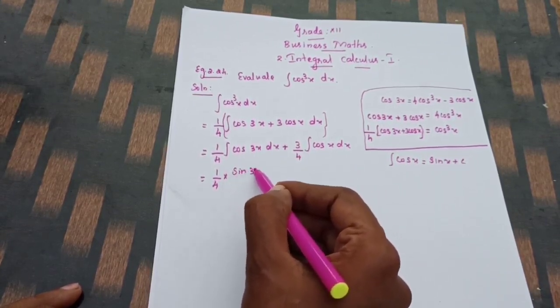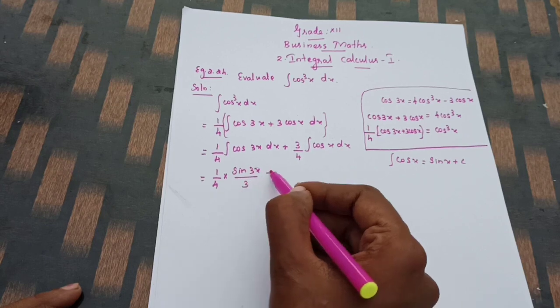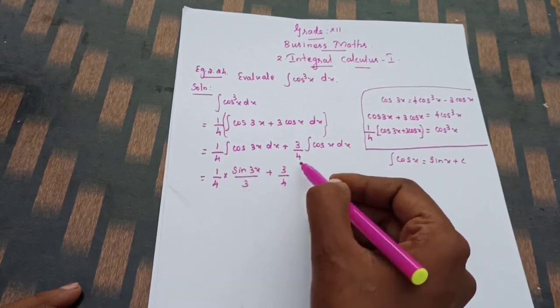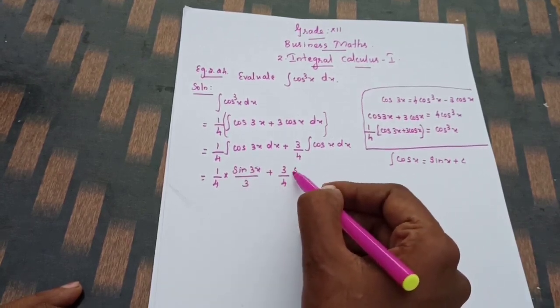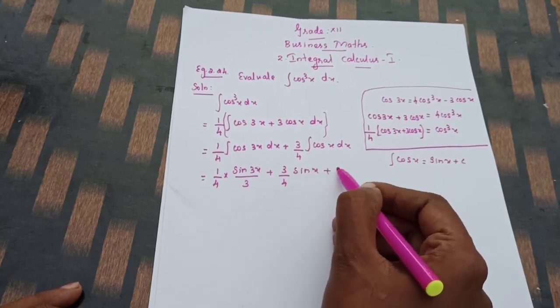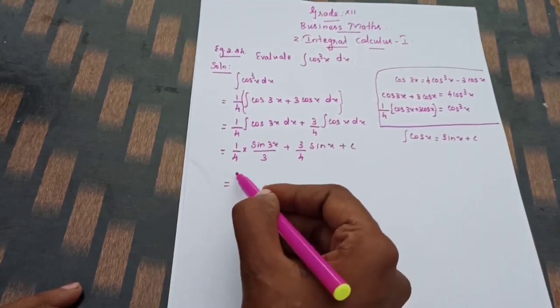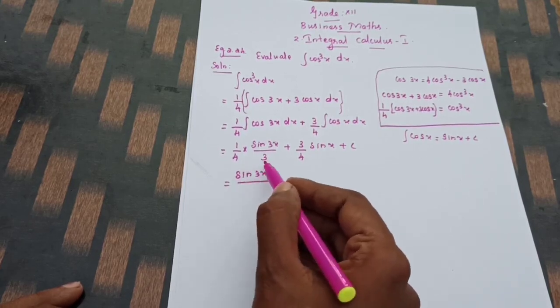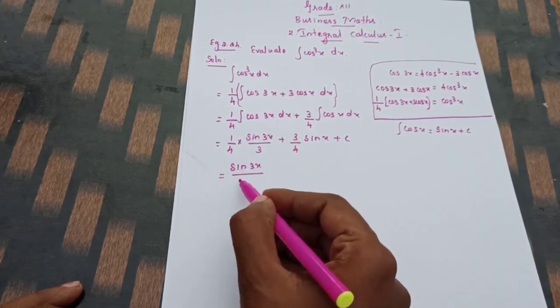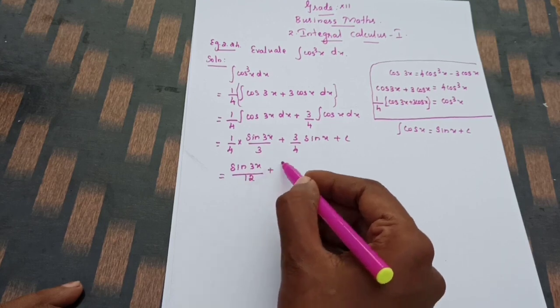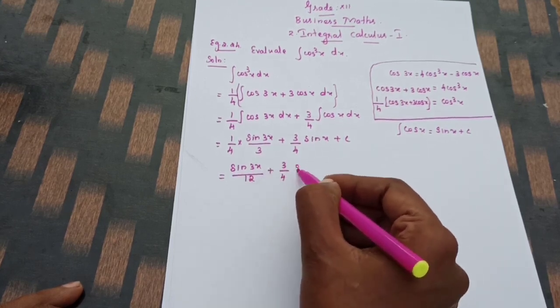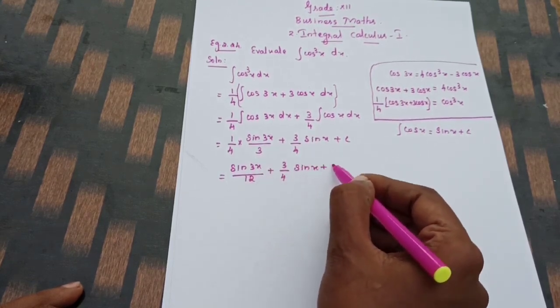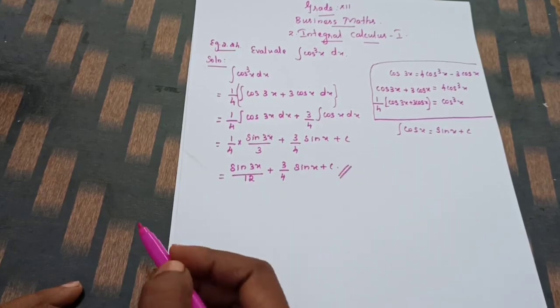So sin 3x by 3 plus 3 by 4 into sin x plus c. That's equal to sin 3x divided by 4 into 3, which is 12, plus 3 by 4 sin x plus c. That's all. Have you got the idea?